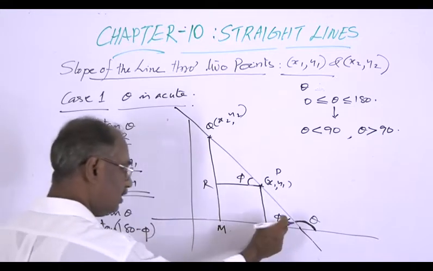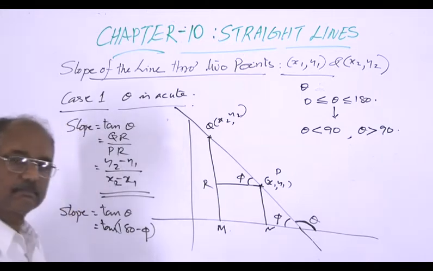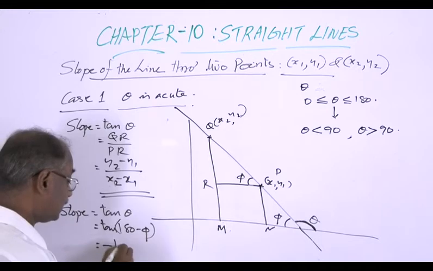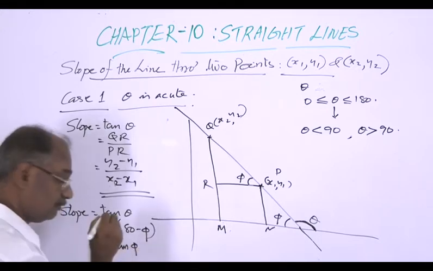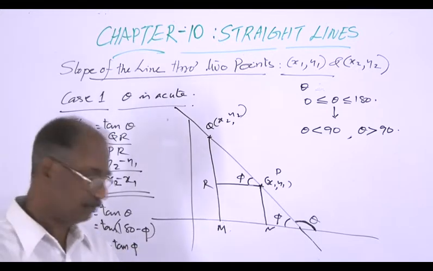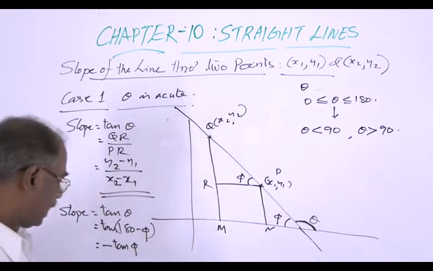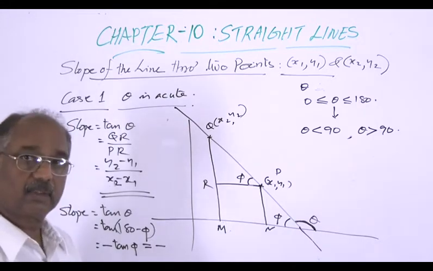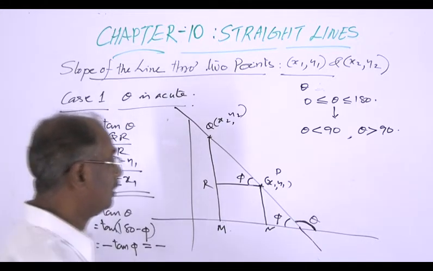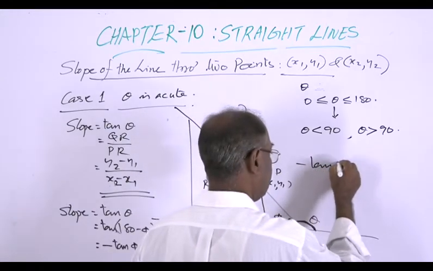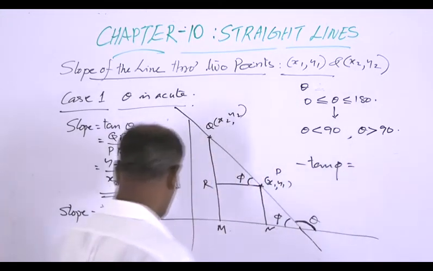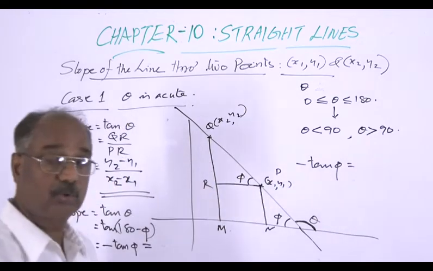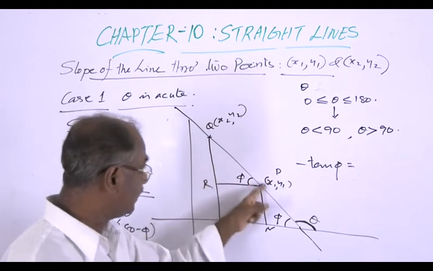Tan of 180 minus phi is minus tan phi from the trigonometric result. And this minus tan phi, consider this right angle triangle.